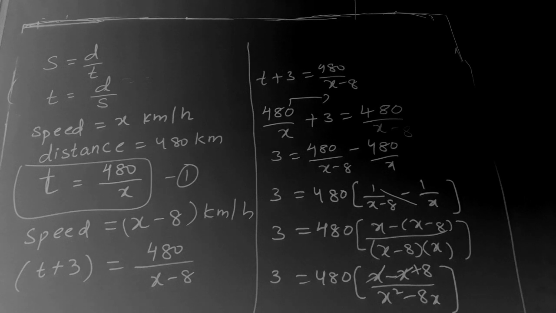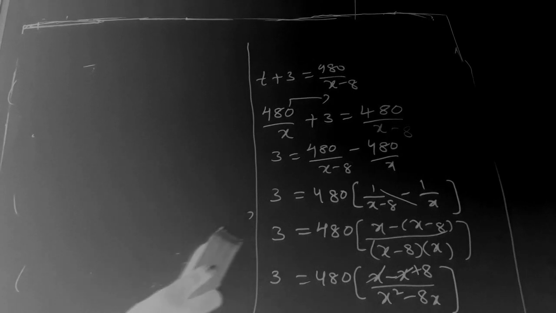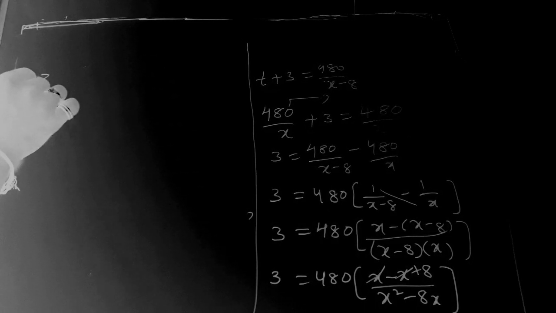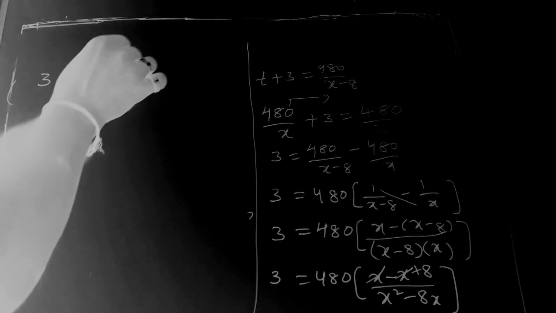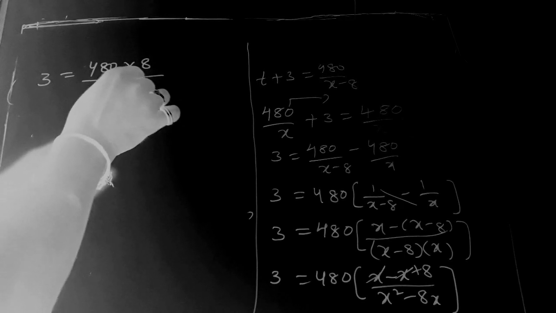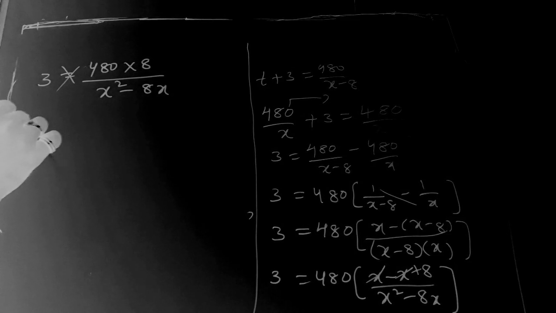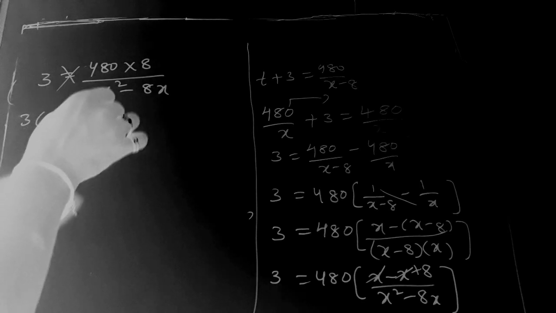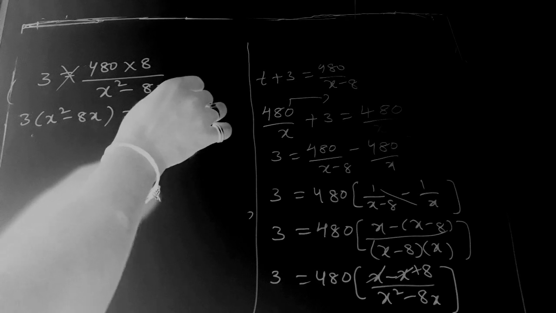Okay, now here, so this is 3 is equal to 480 into 8 by x square minus 8x. So just you do cross multiplication, 3 times x square minus 8x, that is equal to 480 into 8.